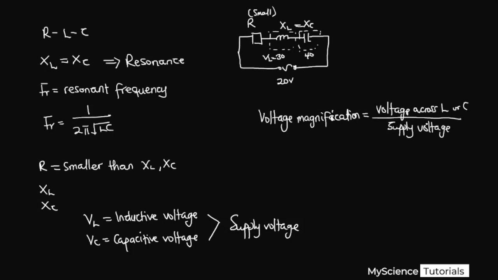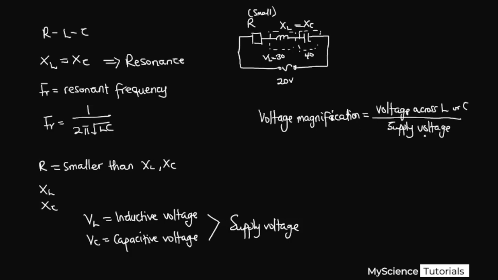So it is the ratio between the voltage across the inductor or the capacitor to the voltage supply. Now, this ratio is a measure of the quality of the circuit as a resonator or a tuning device, and we call that the Q factor.